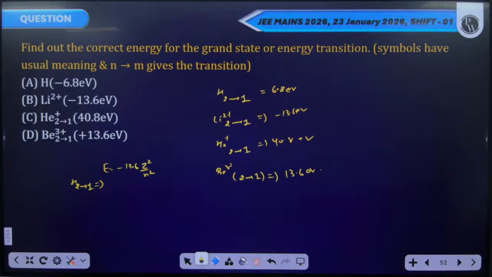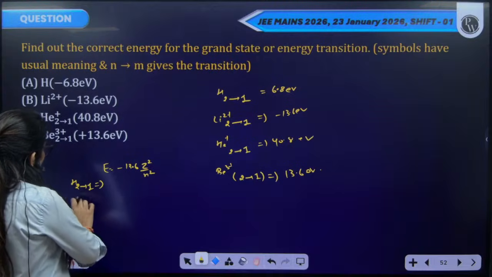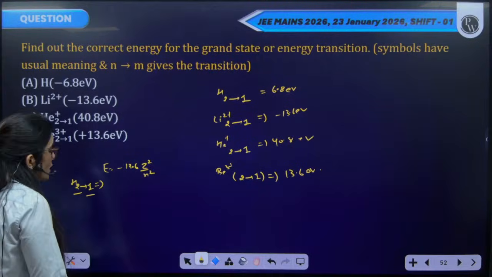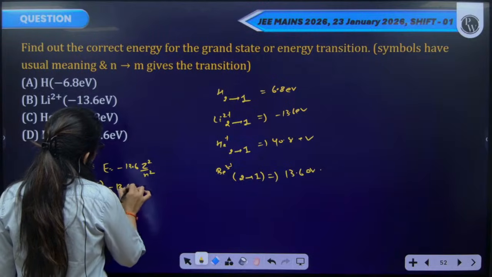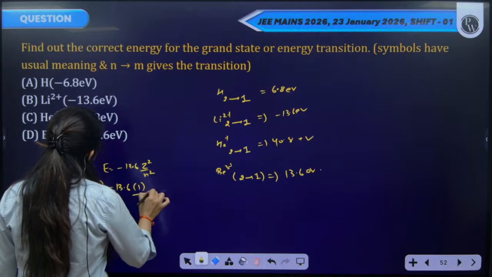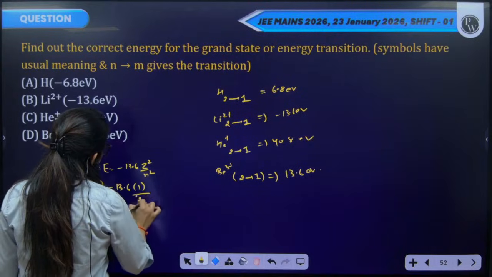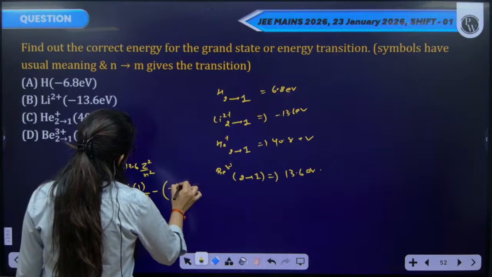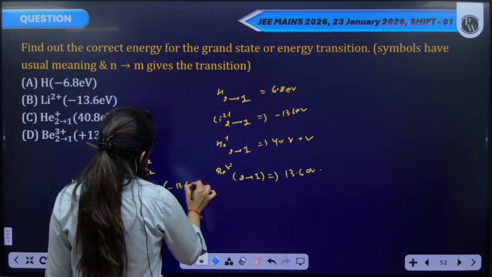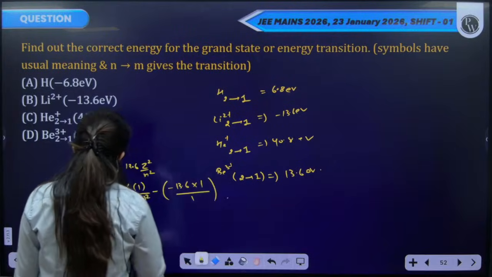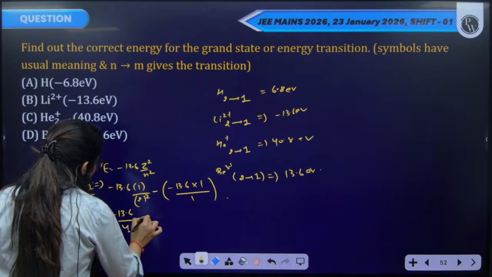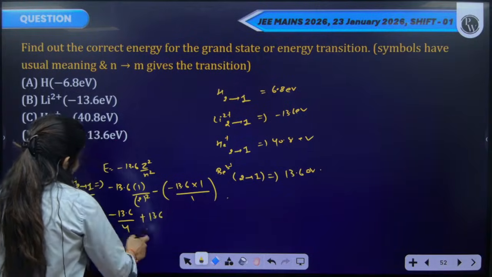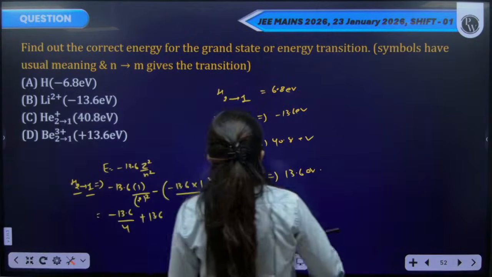So delta E, you will have to take final minus initial, from higher to lower, it is happening to 1. So how will you put it: minus 13.6, what will the Z square value be? That will be 1, and here the n square value will be 2 square. Minus 13.6, then Z square again 1, divided by 1 square. So how much value will it come to: minus 13.6 divided by 4 plus 13.6. Just calculate this value. This value will come for hydrogen.